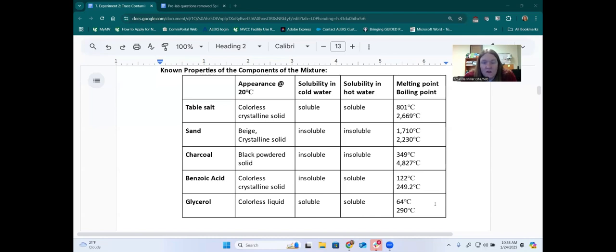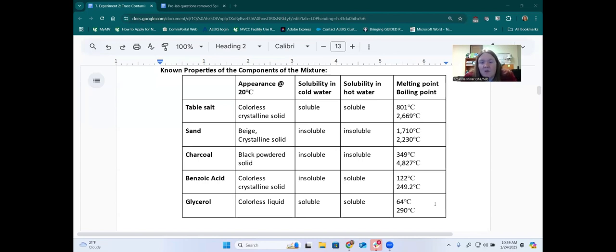Charcoal is the same thing. It does not dissolve. Benzoic acid also does not dissolve in cold water. And then glycerol does. So that clear liquid that is glycerol will mix completely with water, which is also a clear liquid. So we could not tell visually if we had glycerol with water or not.